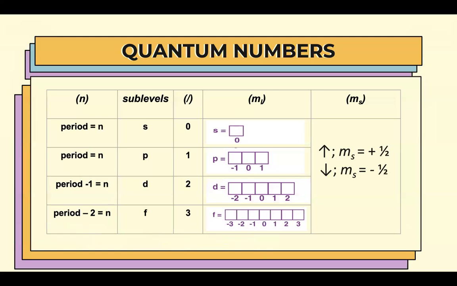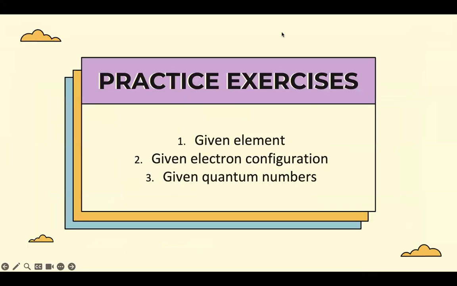All right. So let's have a few examples here. Again, let's have three possibilities: if given element, if given electron configuration, and if given our quantum numbers. And again, since nagawa na natin kanina yung example using the orbital diagram and electron configuration, let's do it na you just have to look at your periodic table and you can give it already.